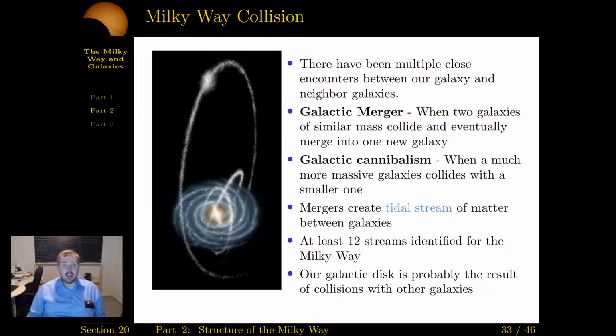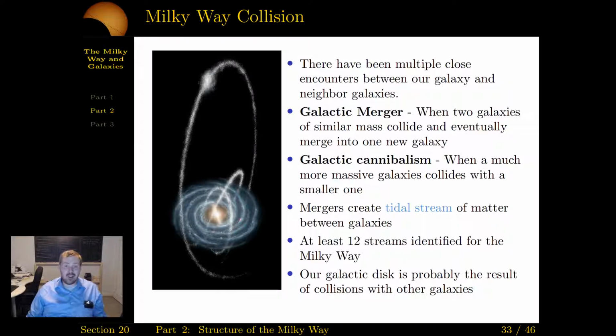Right? Then, another version of that is what we call galactic cannibalism. Basically, you've got yourself your big, massive galaxy and your tiny galaxy. And as they get closer and closer, the tidal forces start to rip apart the smaller galaxy. And the bigger one, we say, cannibalizes the smaller one and just starts pulling it into itself.